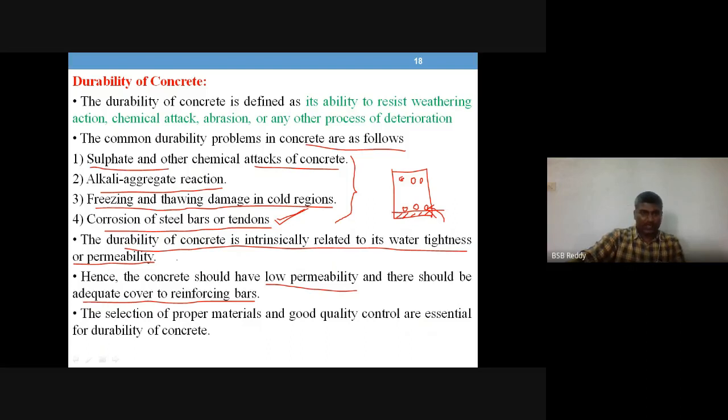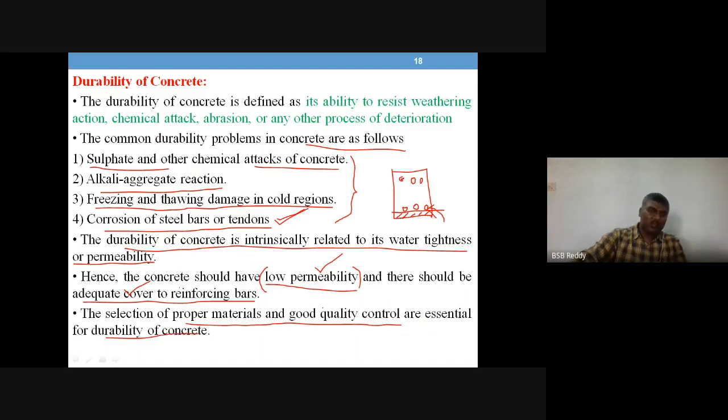Adequate cover always serves the purpose of protecting the reinforcement. And low permeability will control all these chemical attacks and alkali aggregate attacks. So selection of proper materials and good quality control are essential for durability of concrete.